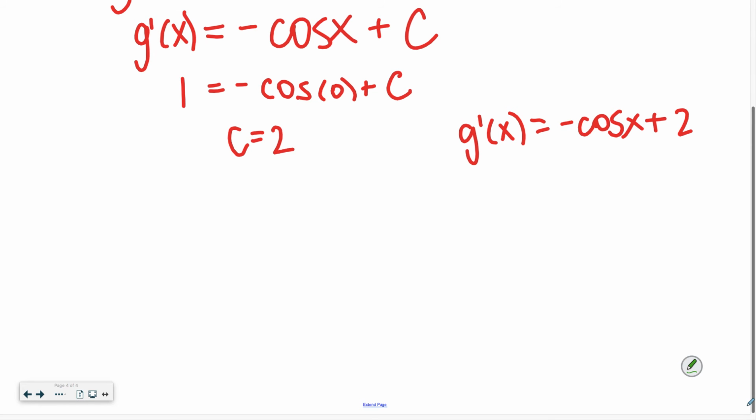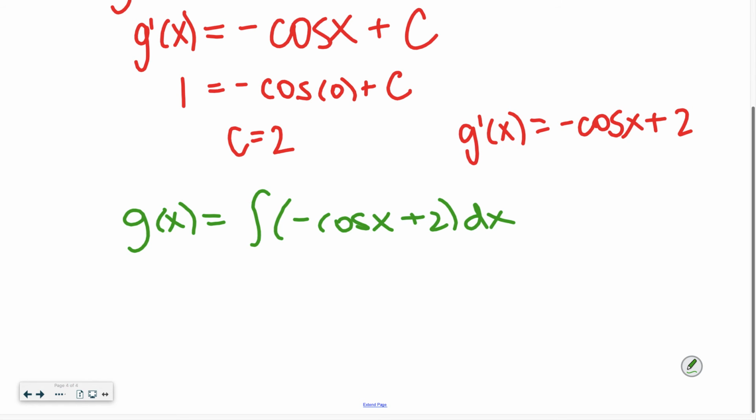Okay, now we need to go one more time around. So we want to get to g of x, which means now we need to take the antiderivative of g prime. Now be careful with your notation, okay? I'm putting that in parentheses so we know we're taking the antiderivative of it all together.